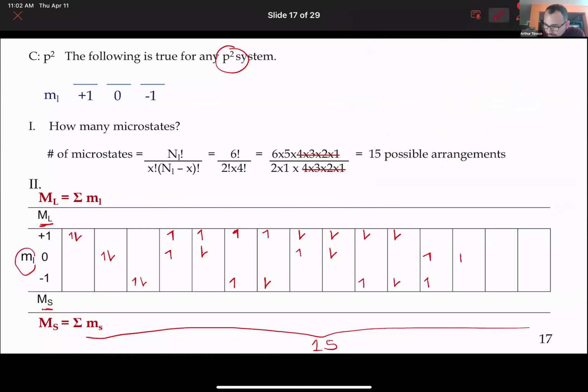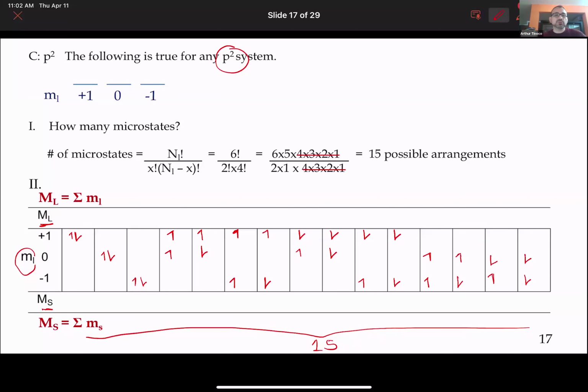I meant to put this paired up and then the -1 paired down. Okay, and then we've exhausted those possibilities. So now let's go to 0 being paired down, -1 paired up, and then 0 paired down, and the -1 paired down. Okay, and that's it. We have put those electrons in these 3p orbitals in 15 different ways. And that's the only possible ways that you can do it.